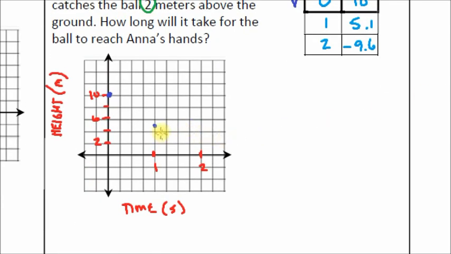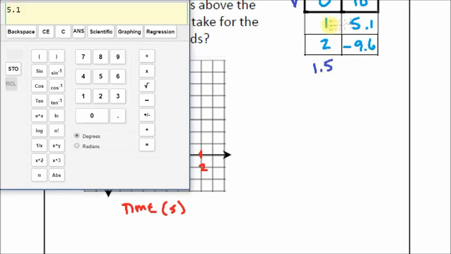The problem is that we're going so far off the graph that I can't plot it. So a good idea, class, to make sure your graph is fairly accurate, is to plug in 1.5 as well and see what we get. So we know it's going to be maybe just below the ground or just above the ground. Let's try 1.5 so we can get another point on our graph.